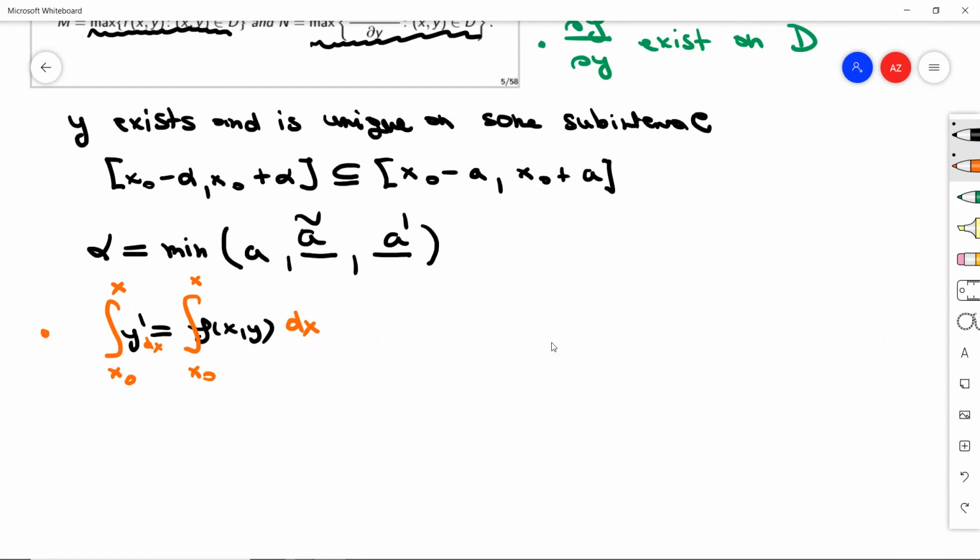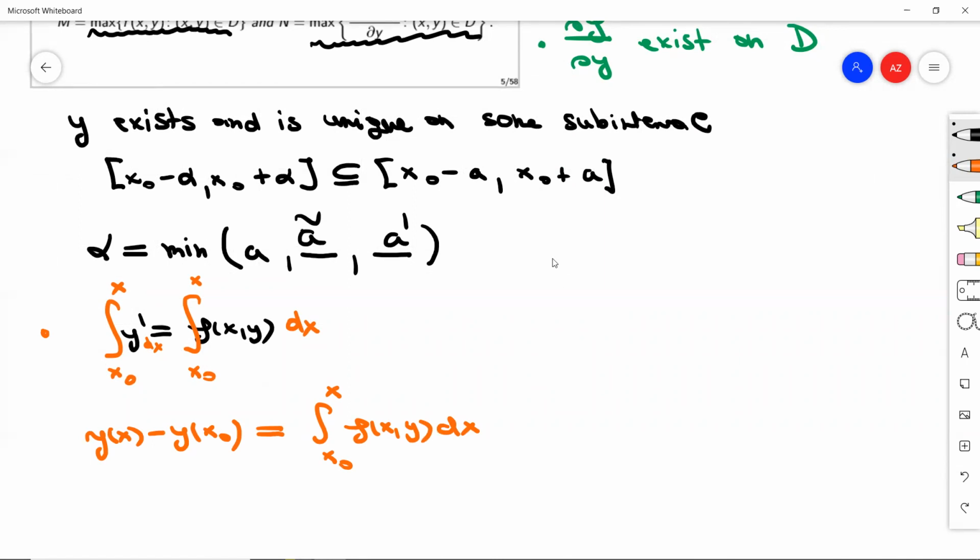Integration and differentiation are inverse operations, and so the left-hand side is y of x minus y of x0. Here we also used the fundamental theorem of calculus, which says that the definite integral is in fact one of the indefinite integrals. That's why we can easily integrate the left-hand side. On the other side, you can just rewrite the integral from x0 to x of f of x, y dx.